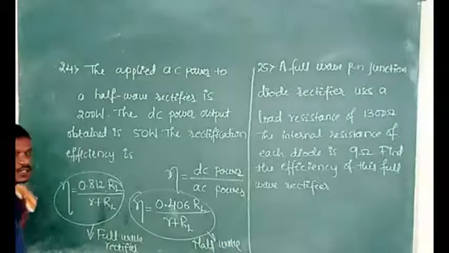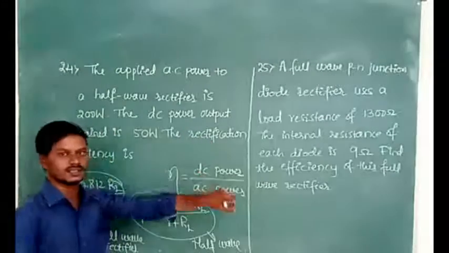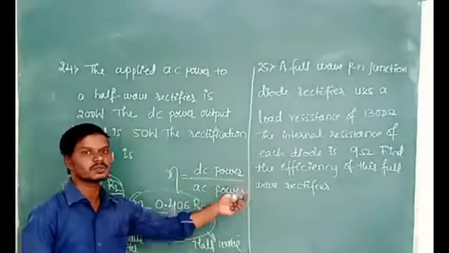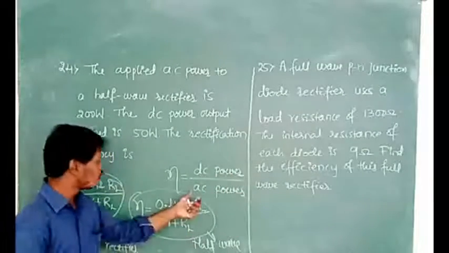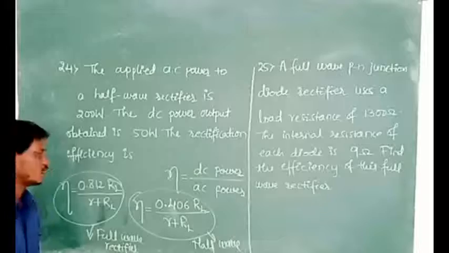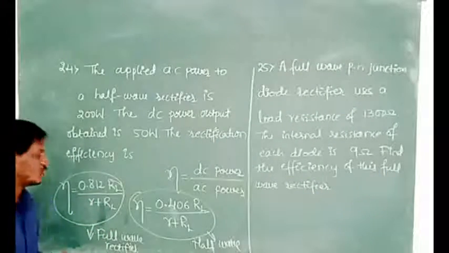Then what is the efficiency of a rectifier? It is the ratio of DC power to AC power, because alternating current is converted into direct current. That is the function of a rectifier. Which can be used as a rectifier? A diode.